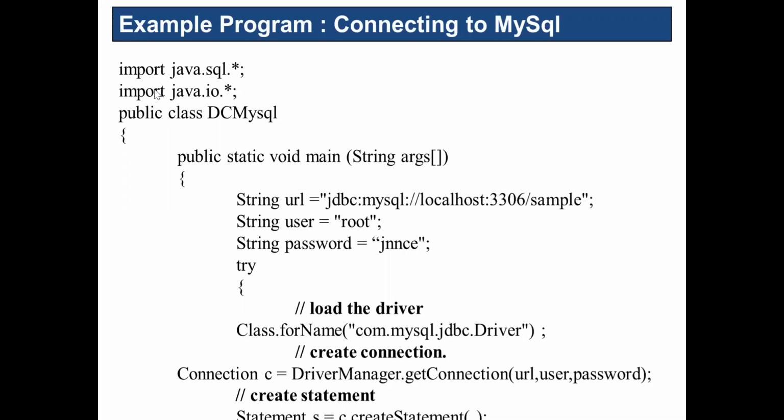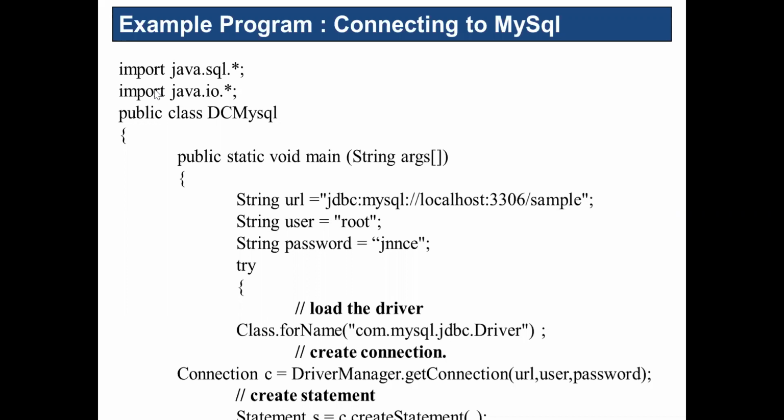Here the URL is JDBC:MySQL, the username is root and the password is JNNC. In that case, we create the connection. Once the connection is created, we have to create the statement. I write Statement S equal to C.createStatement, where C is the connection.